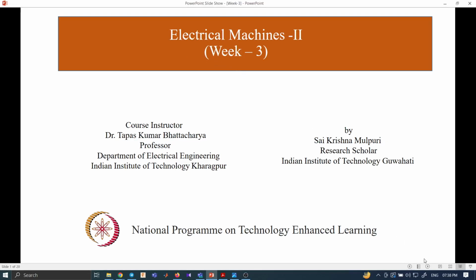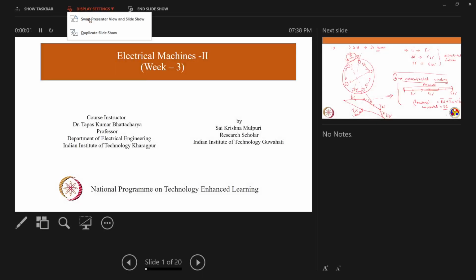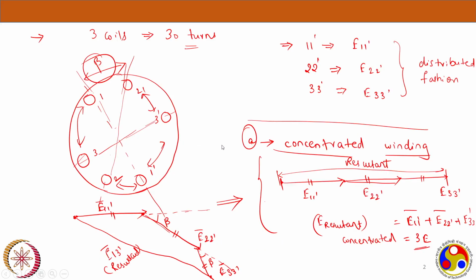So that's all for today, and let's have a quick summary of what we have discussed. We started with the winding terminology, which is important before discussing three-phase winding schemes.